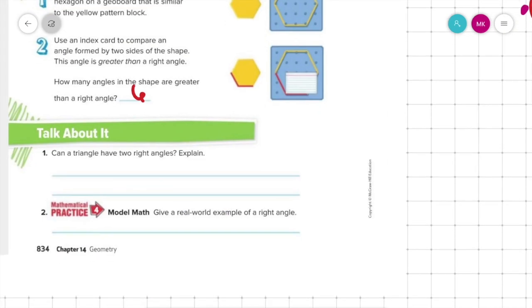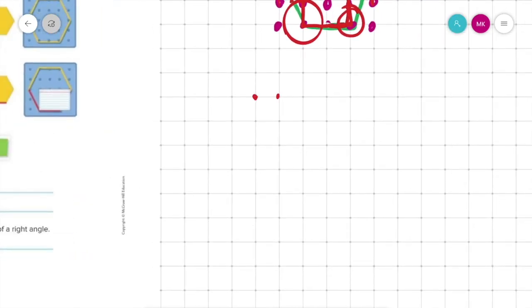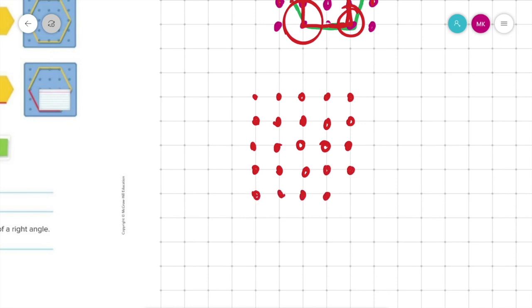So, can a triangle have 2 right angles? Explain. This would be a time that you might draw your own geoboard. And we can kind of explore for a little bit with that. So, I'm going to use my green, and I'm going to make a triangle.